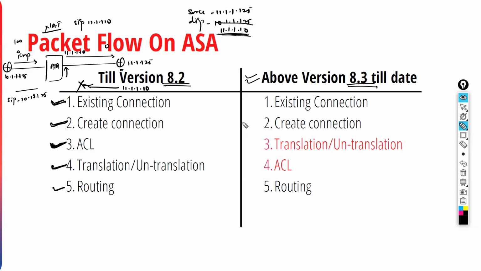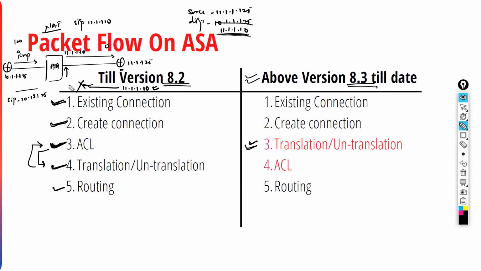And that is the reason that in the newer version, these entries were shuffled. So now your translation gets checked first. If this IP address is coming, your ASA will first check the NAT, whether there is any untranslation to be done.